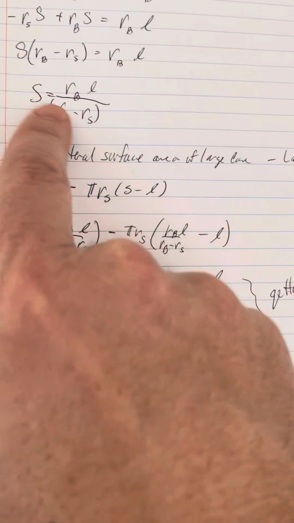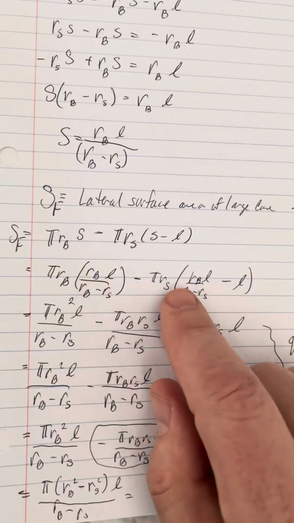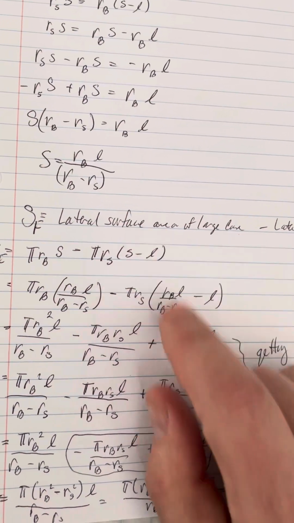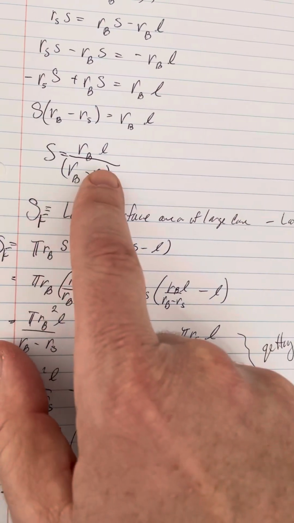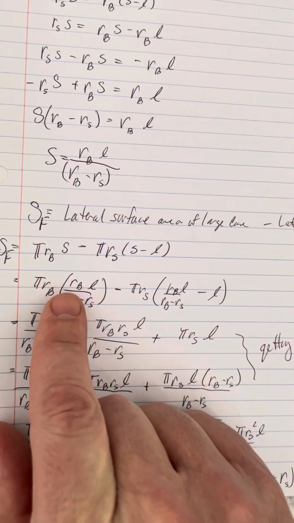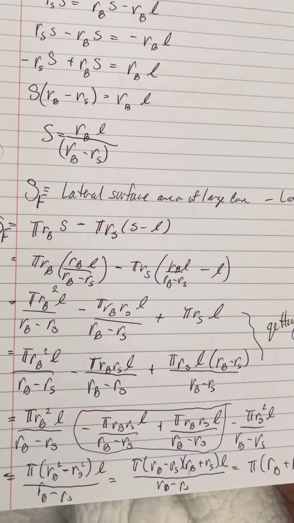So you see this part is that part. That's our S. So this S is that S and that S. Just making sure you're seeing that.